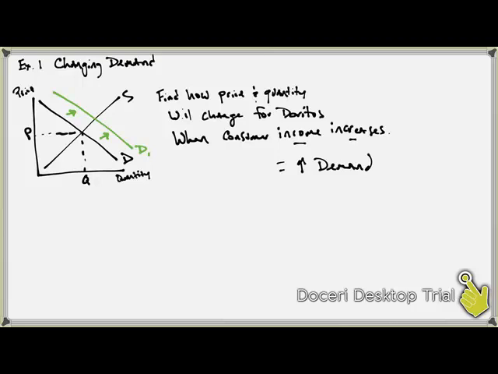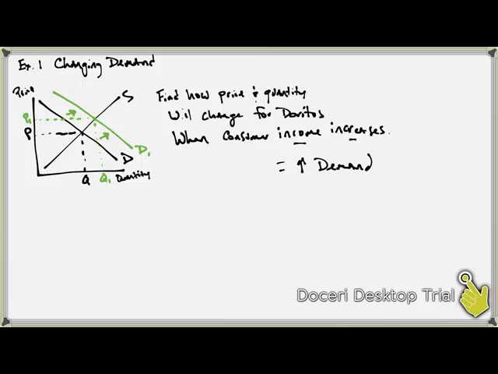And now all I have to do is find the new equilibrium. The new equilibrium is going to be where my new demand curve intersects with my supply curve. It's going to be right at that point. And I label that new equilibrium P1 and Q1.